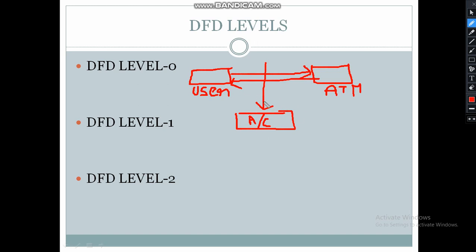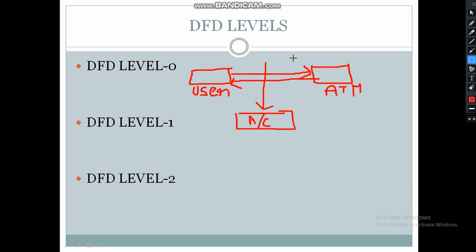How each and every action of the subcomponents and main components is performed is clearly represented in DFD level 2.